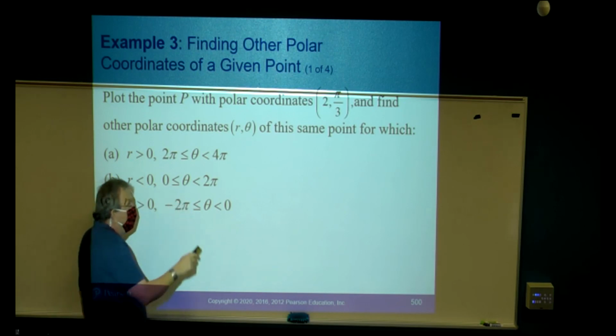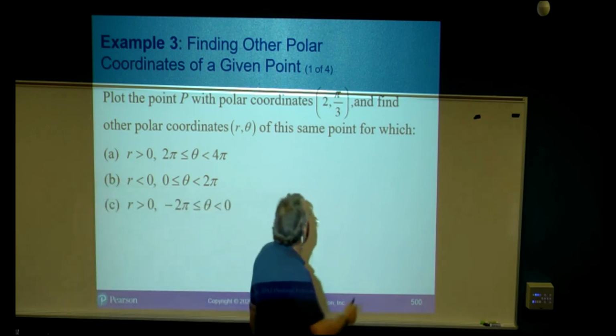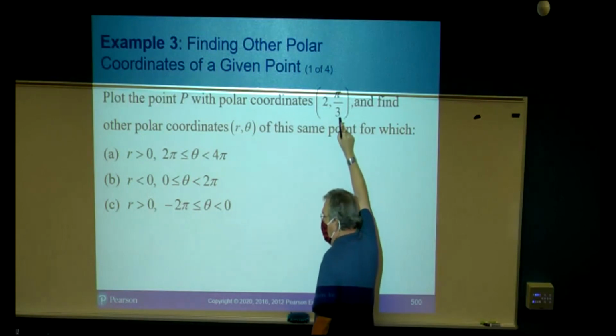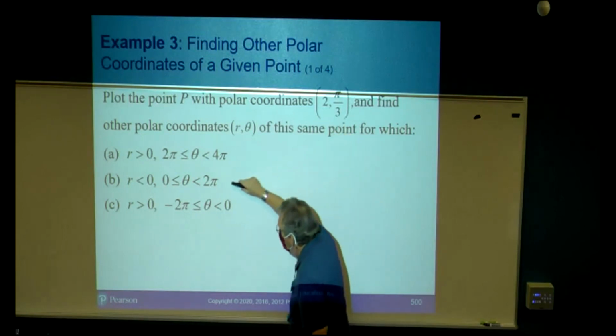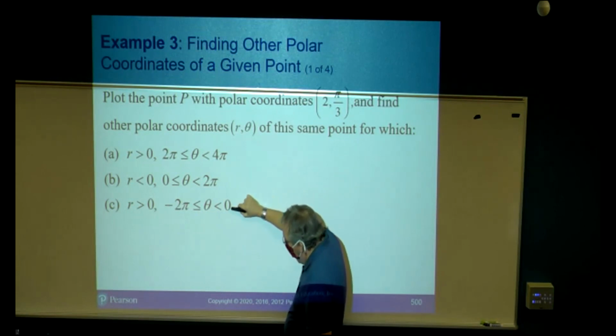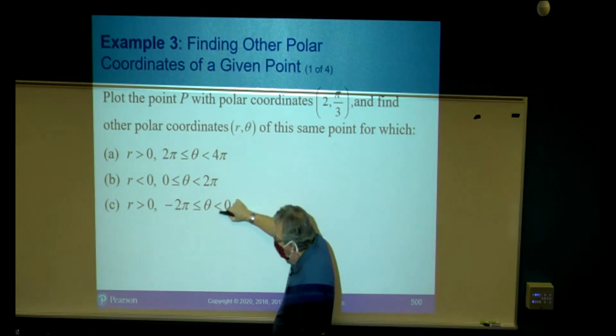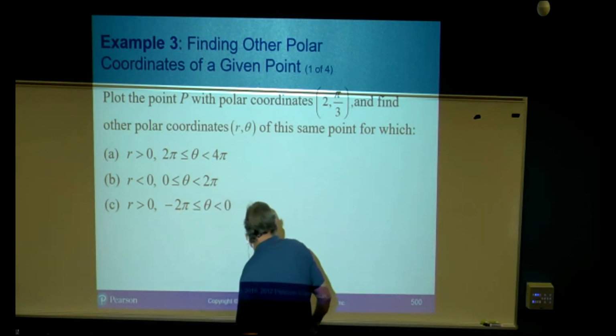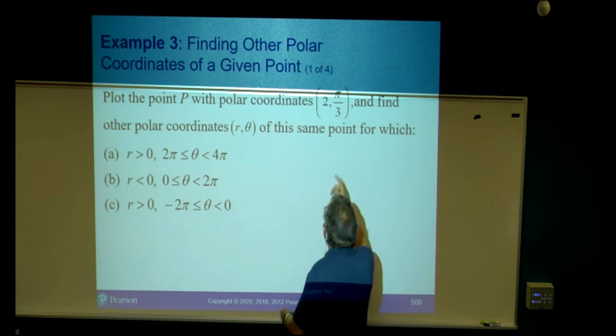So we want an angle going in the polar opposite direction of this angle, but the angle still be positive. So that means r is going to have to be negative. And then we want the angle to be negative with r being positive. So we want three different ways of writing that.